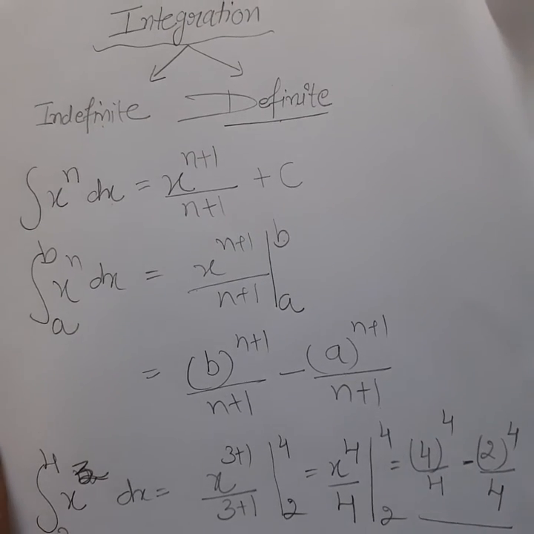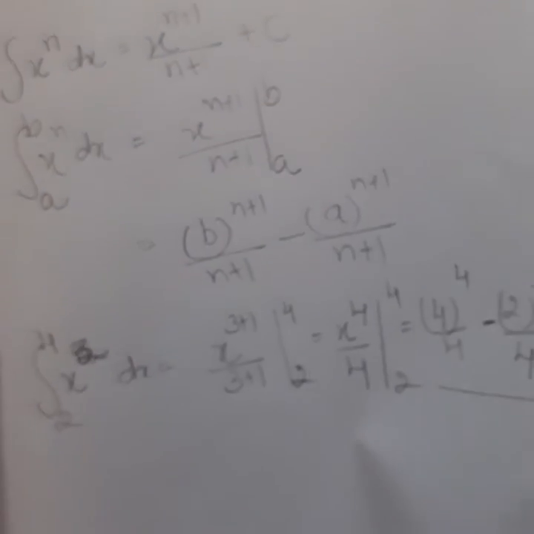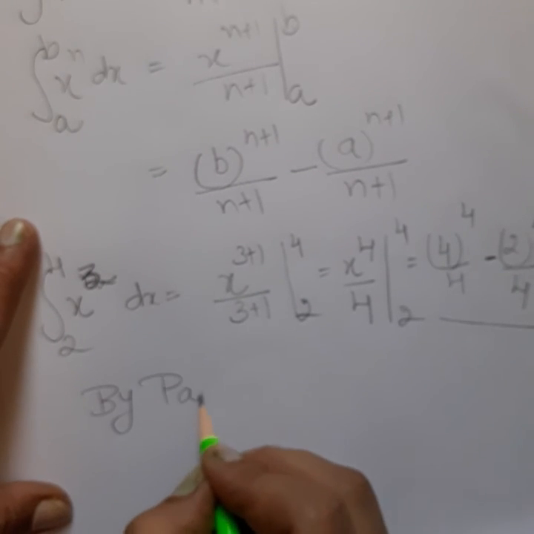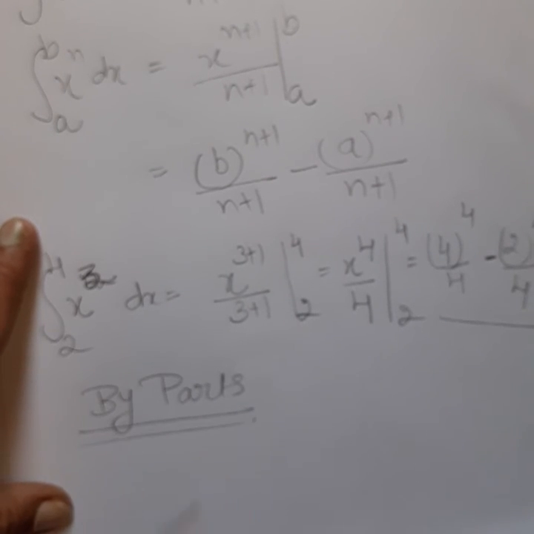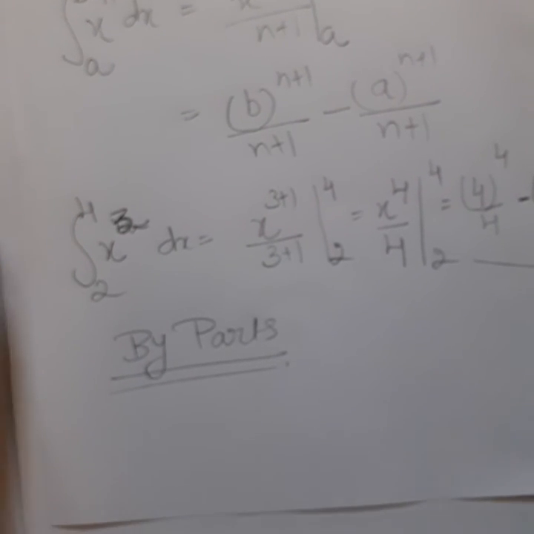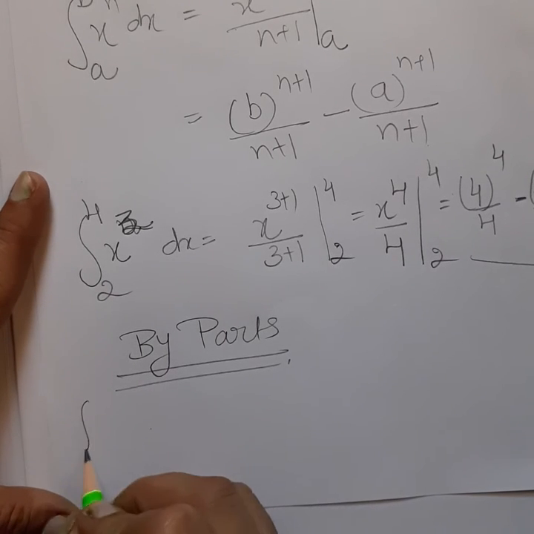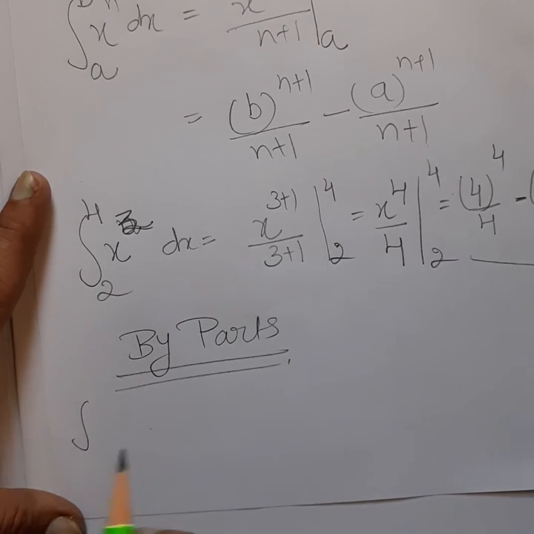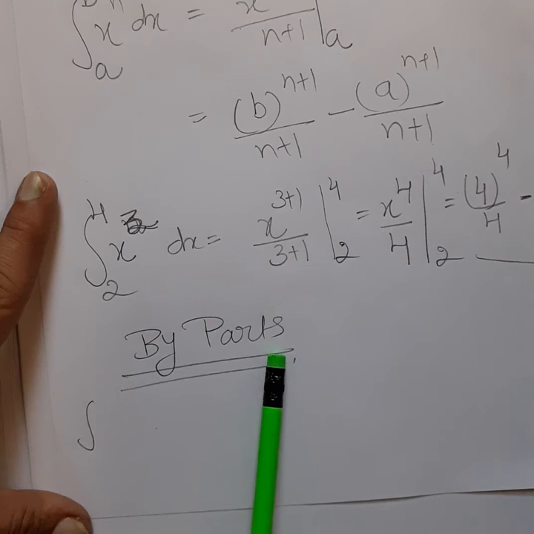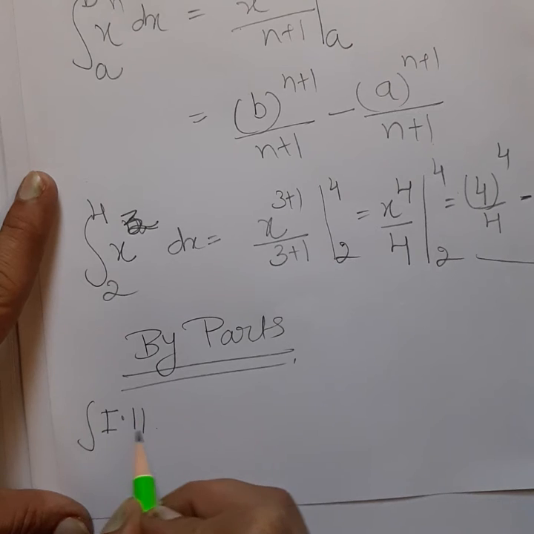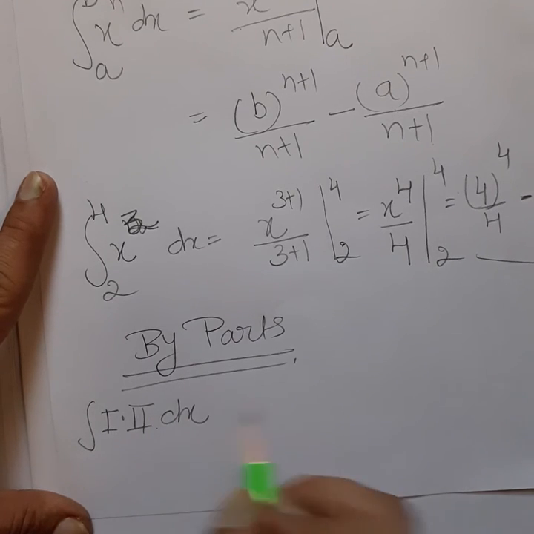Okay, now we move on to our next rule, that is by parts. This is a very famous rule that is also used in competitive exams, and the second one is the chain rule. First of all we study by parts. In the derivative, when we take the derivative of two functions, then we apply the product rule. And if in the integration we have to take the integration of two functions, then we can use the rule by parts.